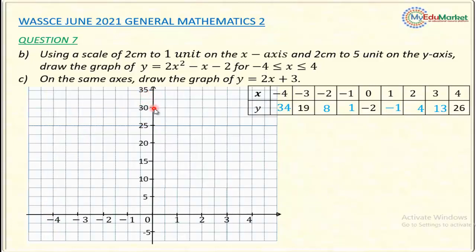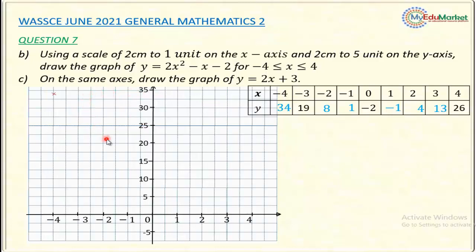Because each 2 centimeters has 10 small divisions, and 2 centimeters represent 5 units, each 2 divisions will be 1. So 2 divisions under this 35 is going to be 34.